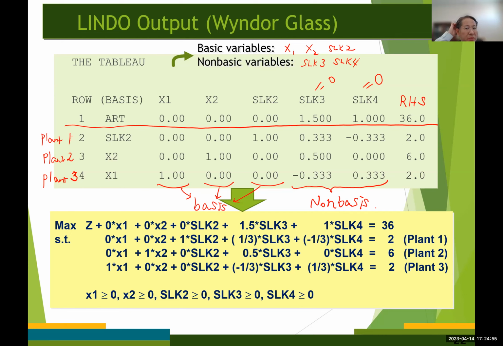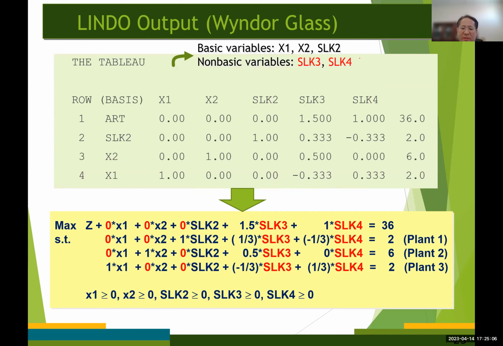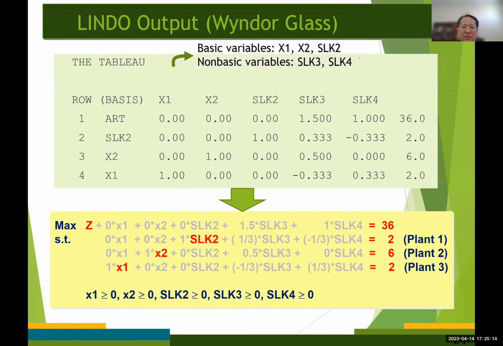Okay, so in order to obtain the basic solution, like I said, we set slack 3, slack 4 equals 0. So I believe I got this, okay. And solve for the basic variables. So all of these become 0, right?